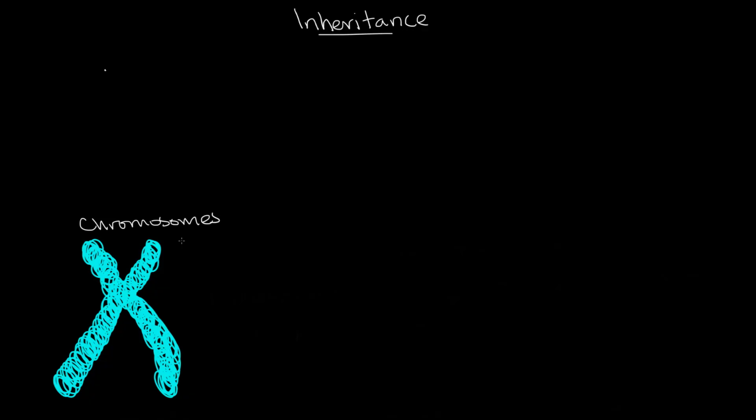Each person has 22 pairs of somatic chromosomes and one pair of sex chromosomes.